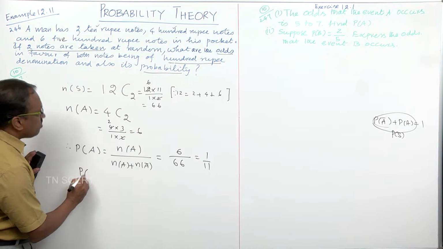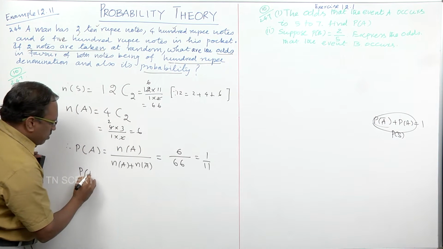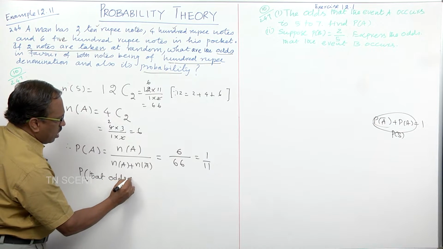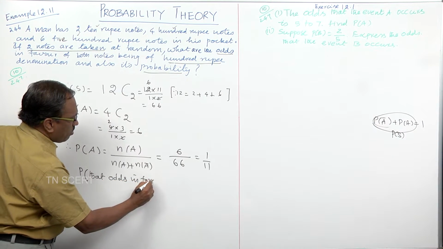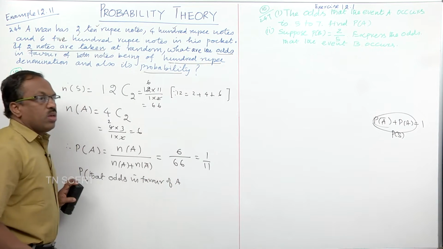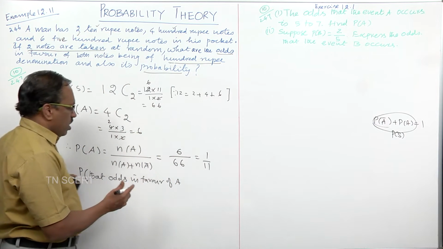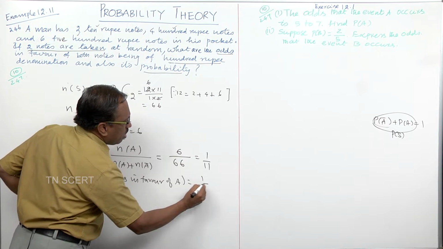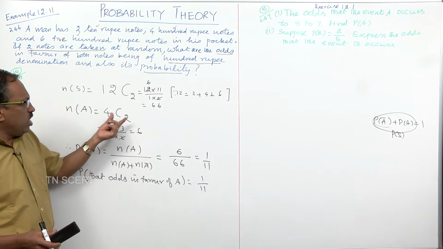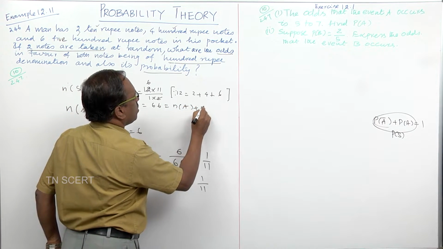The odds in favor of A is nothing but 1:11. That is the probability of A, 1 by 11. This is what we are supposed to calculate. It is n of A plus n of A bar.